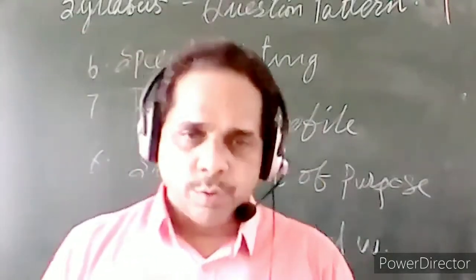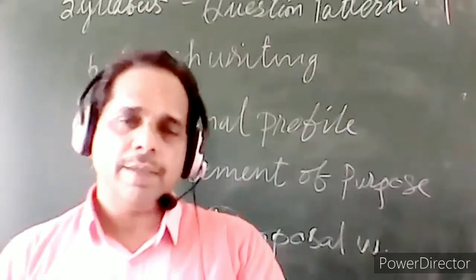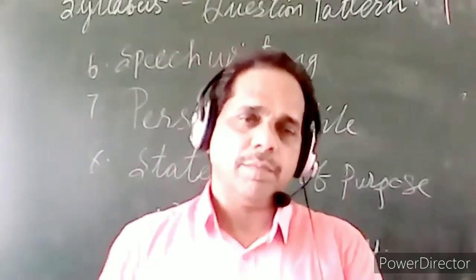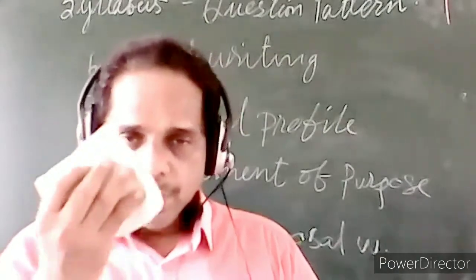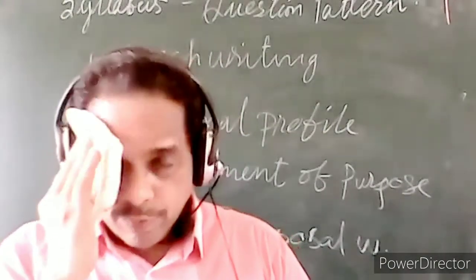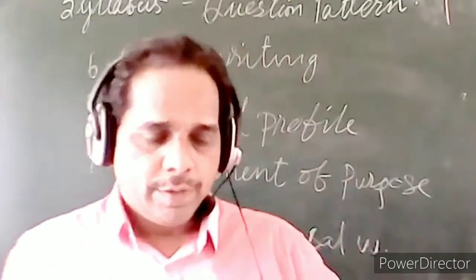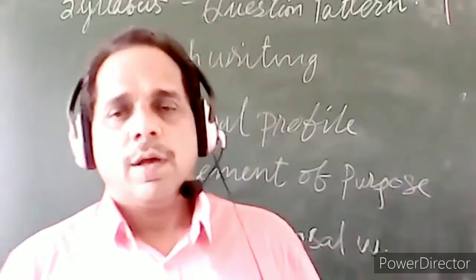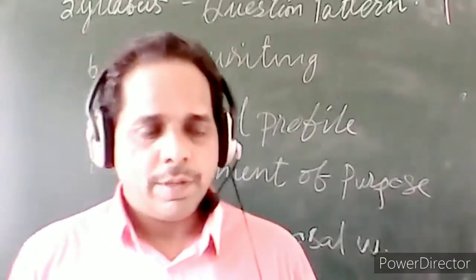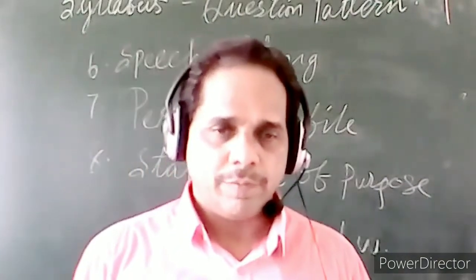So question number 2 has 2 sections. A is direct writing. Under that there are 8 headings. Those 8 headings we will have to learn: what the types are and how to write them. It's distributed throughout the book, in your paper 1, English, through different units.